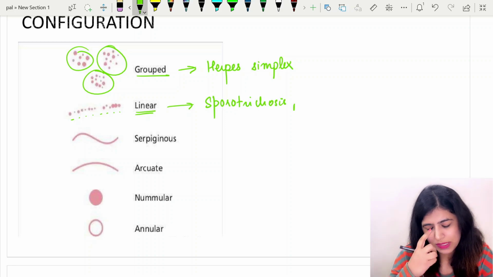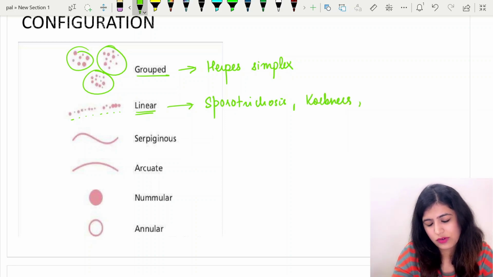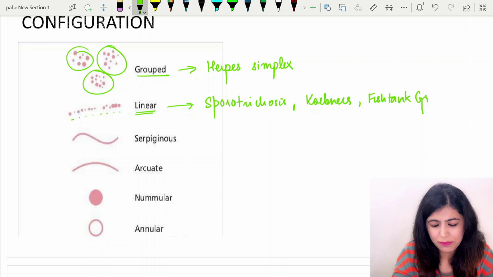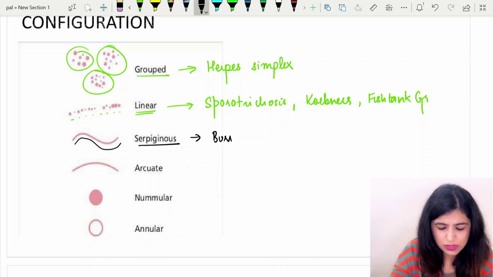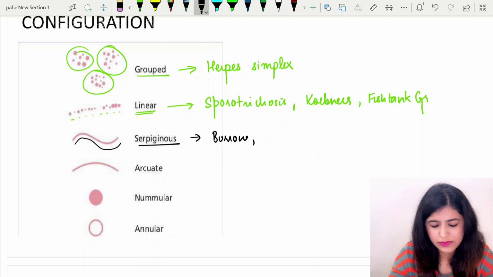It can also be seen in Koebner's phenomenon, in a straight line. It can also be seen in fish tank granuloma caused by Mycobacterium marinum. Then we have serpiginous lesions, which are S-shaped or snake-like.